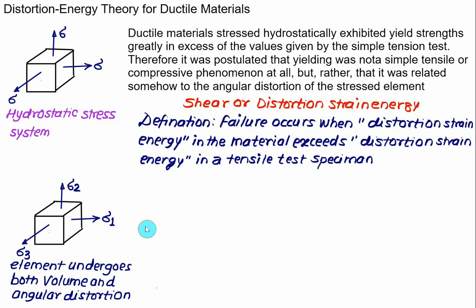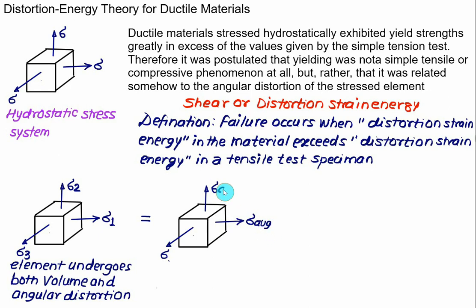So this figure consists of two more figures: one is the hydrostatic tension and the second is the angular distortion. For the hydrostatic stress, you take the average of sigma 1, sigma 2, sigma 3. So we have sigma 1 plus sigma 2 plus sigma 3 divided by 3, which is represented as sigma average.